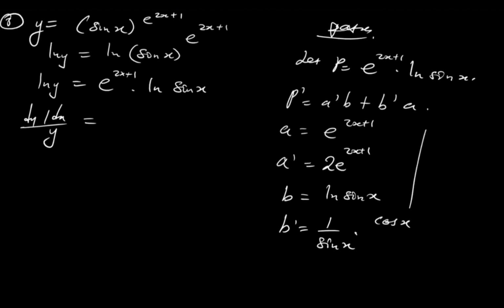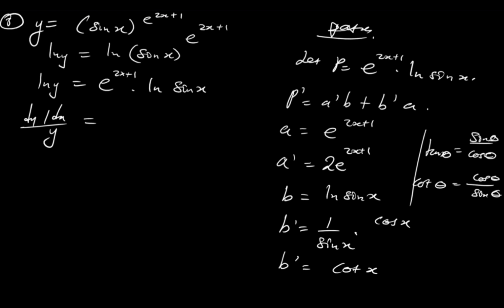Now one thing you should know is this: tan theta is equal to sine theta over cos theta. Then we have cot theta, which is equal to cos theta over sine theta. Now, since we end up having cos x over sine x, this implies that b prime will be cot x.